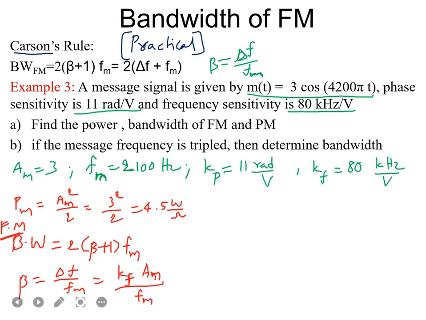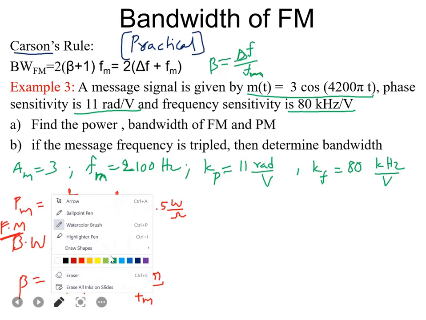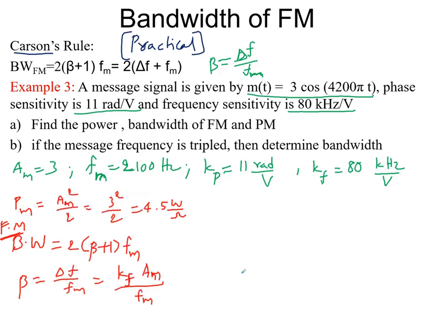Now from the problem given, how can you arrive at these values? Kf is given as how much? 80 kilohertz, 80 times 10 cube. Then Am is given as 3. Then message frequency is given as 2100. If you simplify this, you arrive at 240 100 by 21, and that will be your beta.